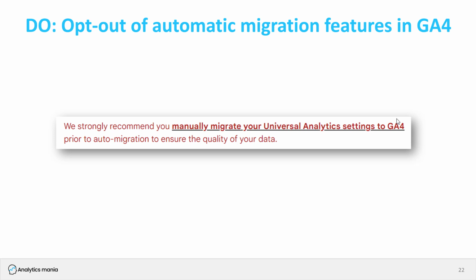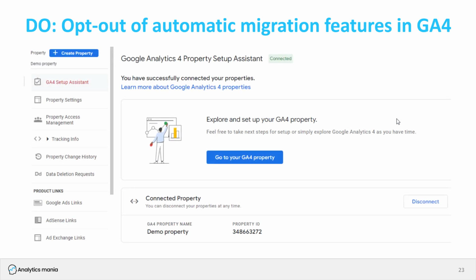So the deadline for opting out of automatic migration was either February 28th or maybe March 1st, I think. But if you have already missed that deadline and now you have a bunch of new GA4 properties, I would say that you should go to that newly created GA4 property and then disconnect it.